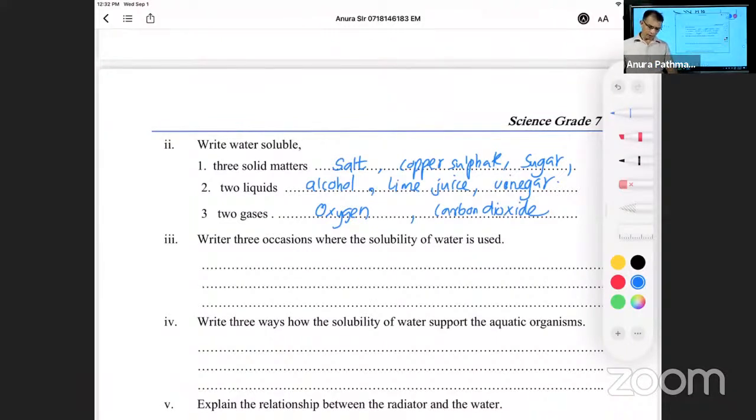Write 3 occasions where the solubility of water is used. Preparing drinks, to make salt solution, making medicine, producing vaccination.